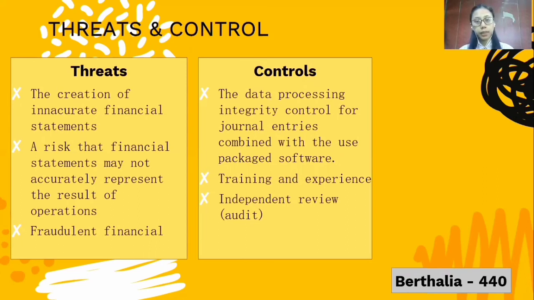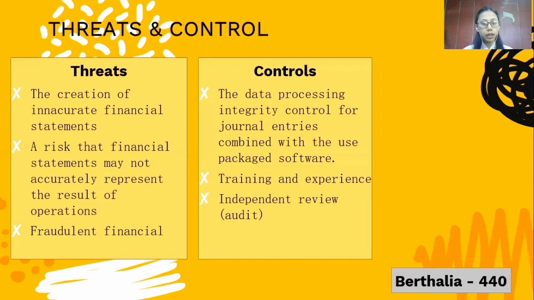It can help to produce the financial statement that minimizes the risk of a numerical error in the data. And the second threat here is a risk that financial statements may not accurately represent the result of operations.